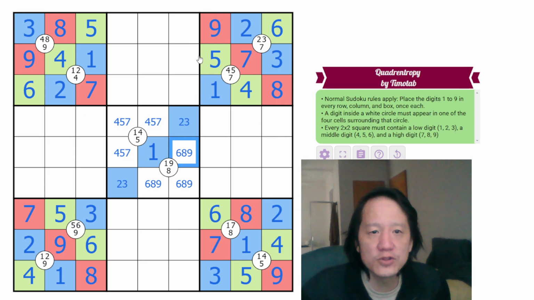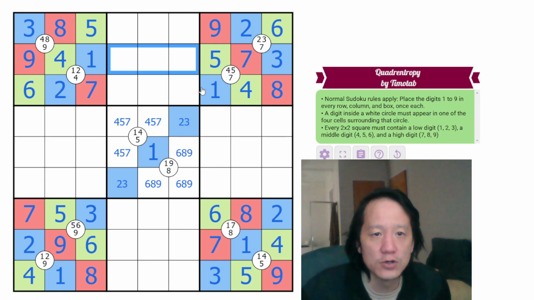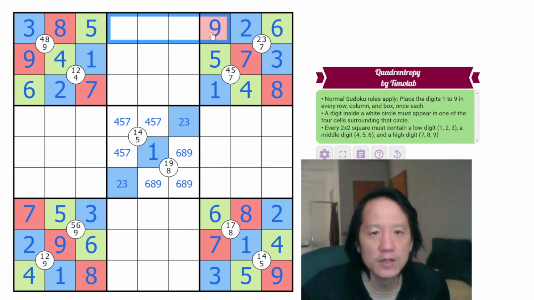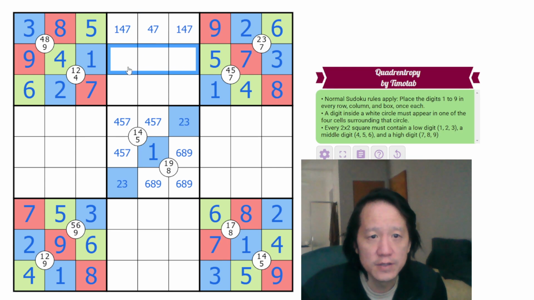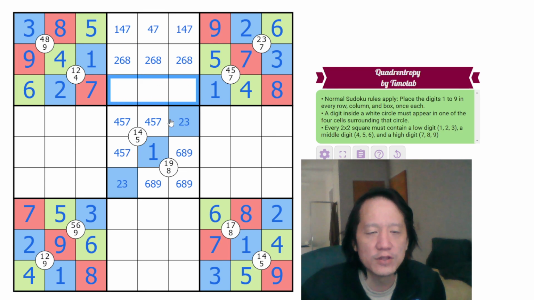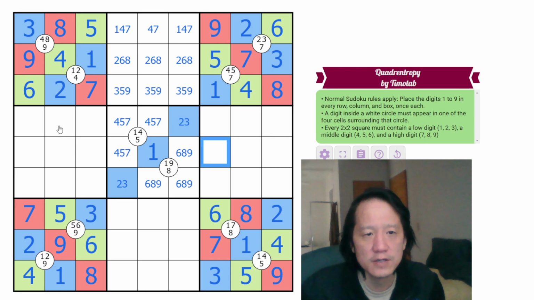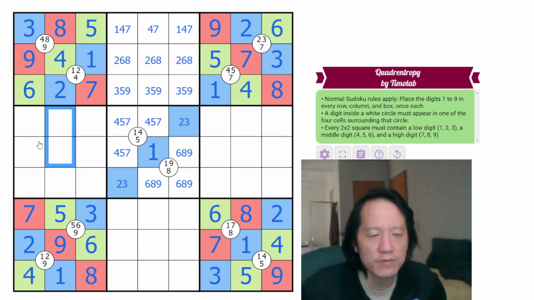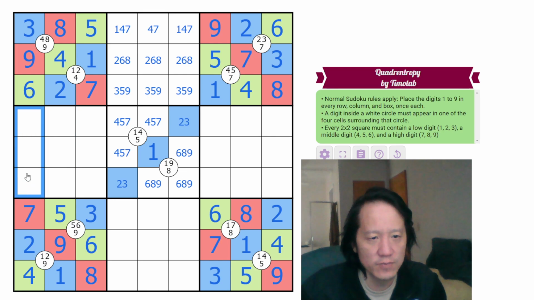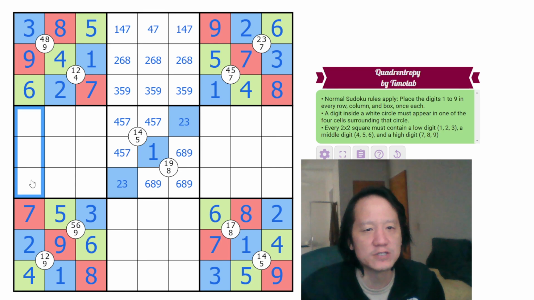Okay, so what are the remaining digits in each row and column? This has to be specifically 1, 4, and 7, and this can't be 1. This is 2, 6, and 8, and that's fine. And this must be 3, 5, and 9. We'll just go through each triplet and get essentially what's left over.